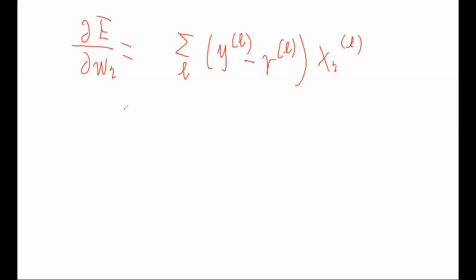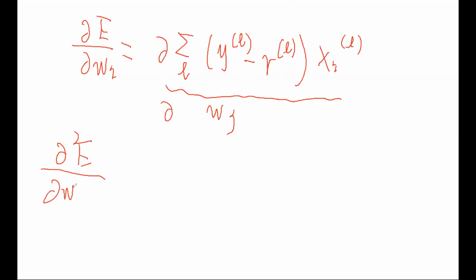And then what we want to do is further take the derivative over this. So basically we are getting the derivative of the error with respect to Wi is equal to what? This is the question. This is a summation, so we can take the summation out.